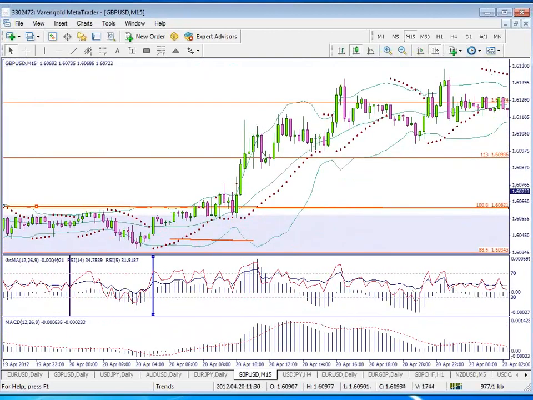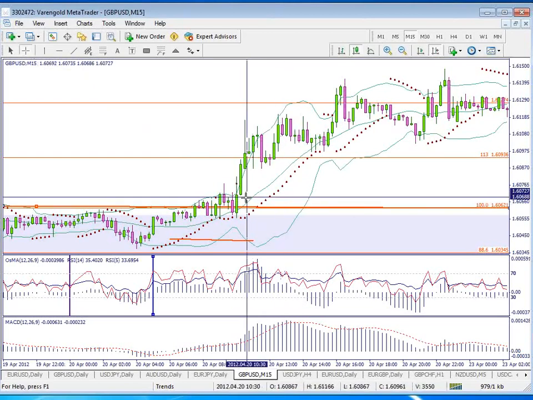Here we have more signals, but we have just trades of several pips, maybe 20, 25, something like that, for a smaller period of time. So here we have one cross of the RSI, here we have another one.